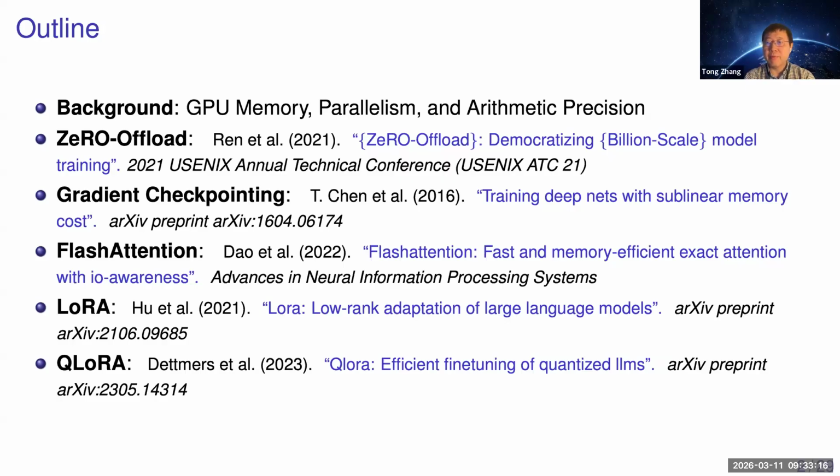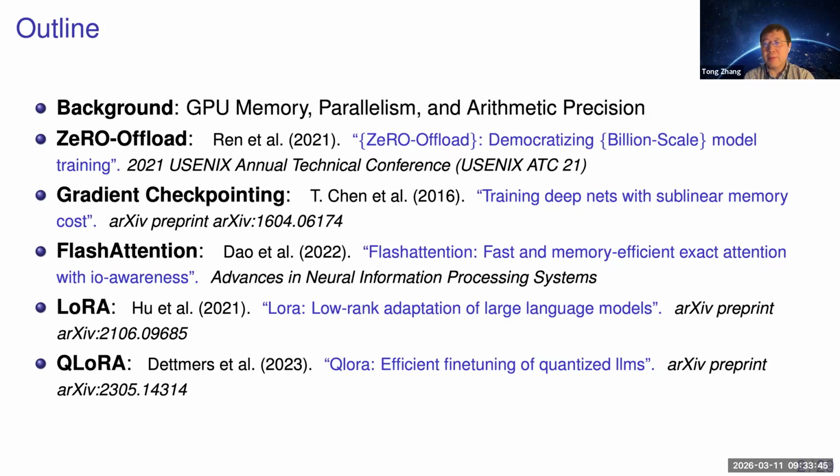Then gradient checkpointing, which concerns the states you need to store in the forward pass in order to compute the backward pass. You need to save all the activations in the forward pass to compute the backward, and this technique tries to reduce that consumption.